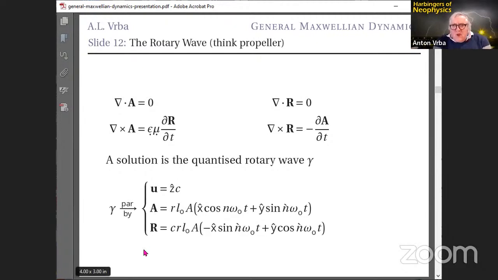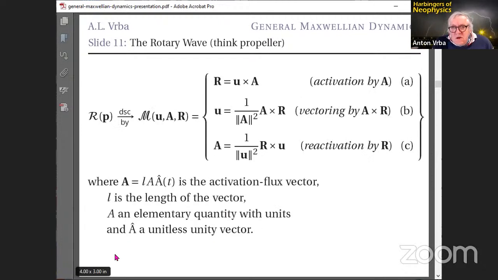A, we can now see, is a vector rotating in the XY plane, and R is also rotating in the XY plane, but 90 degrees transposed. And these are a solution to these three equations that you see on the top there.